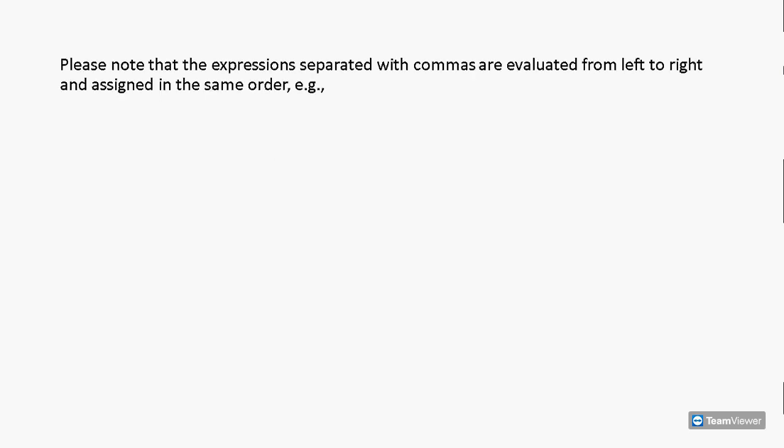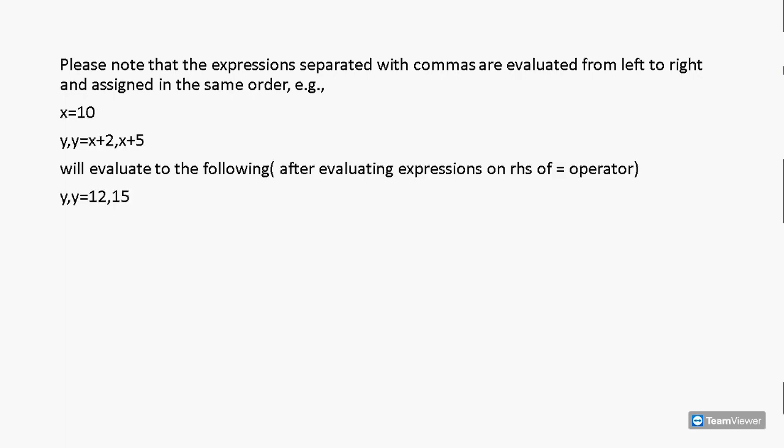One more important thing. Please note that the expressions separated with commas are evaluated from left to right and assigned in the same order. Example, x equal to 10, y equal to x plus 2, x plus 5. This will evaluate to the following after evaluating expressions on right hand side of the equal to operator. y equal to 12, 15.